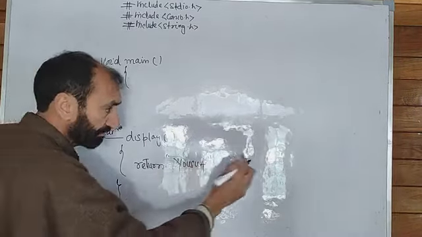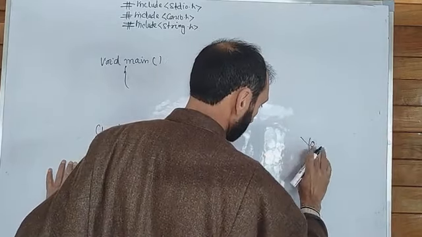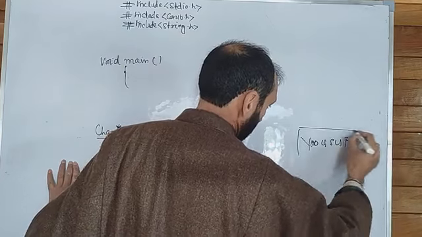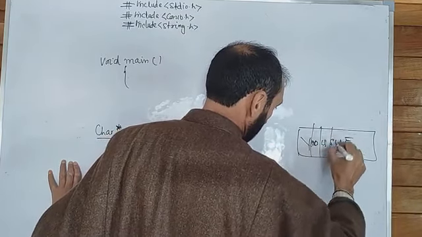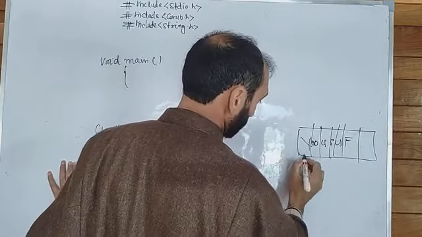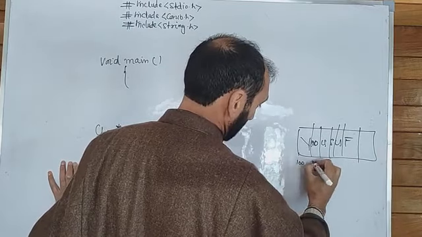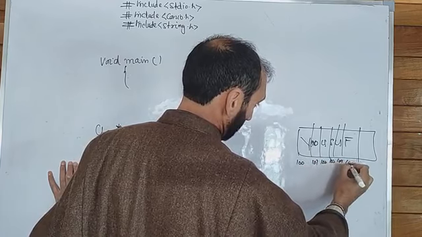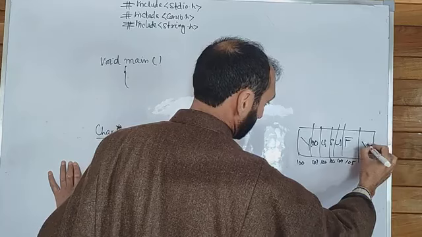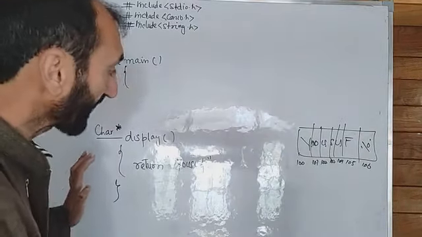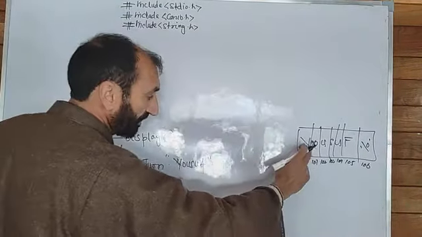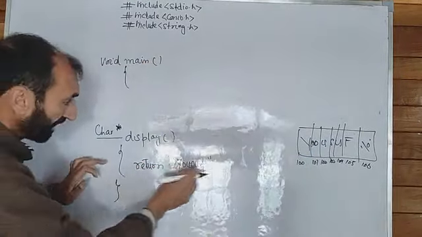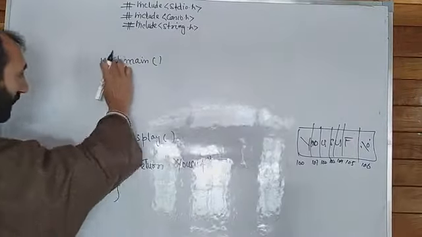For example, this is Yousuf, Y-O-U-S-U-F, and in memory the address of this is 100, this is 101, 102, 103, 104, 105, and 106 is the null character. So what is the address of the first byte? The address of the first byte is 100. Here, this 100 is going to be returned to the calling function.